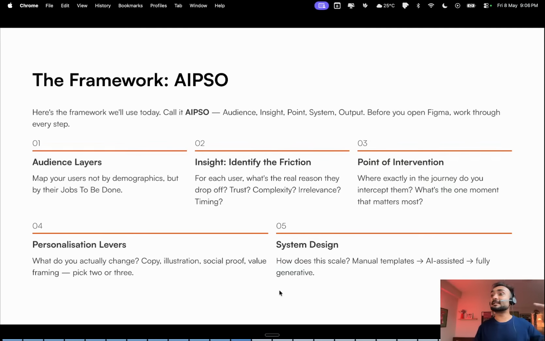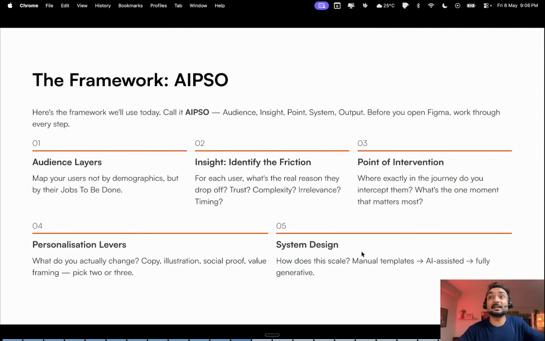How do we systemize so that we are able to do this personalization and we still don't have to deal with infinite scale? Can we create some templates for onboarding and change some data using AI? That could be one thing.